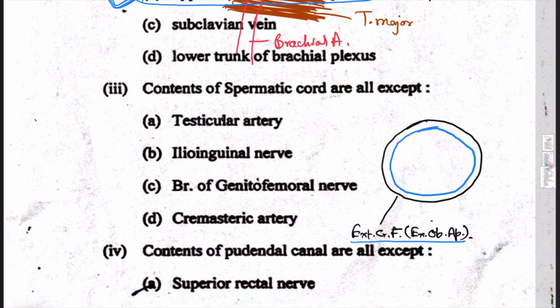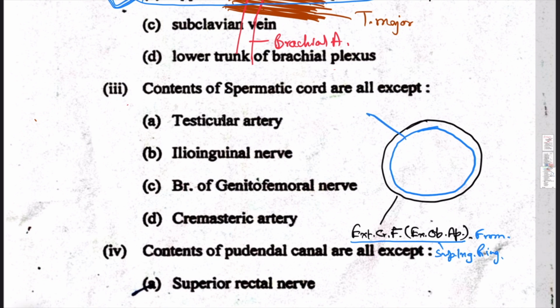You will find this fascia covering the spermatic cord only when it emerges out from the superficial inguinal ring. From the superficial inguinal ring downward, you will find this external cremasteric fascia.